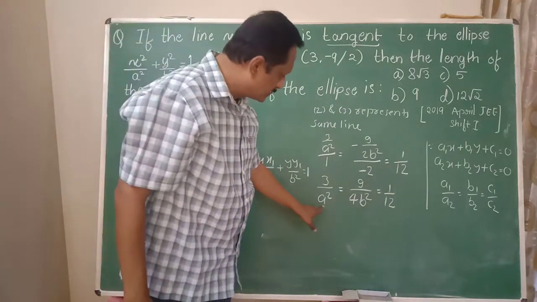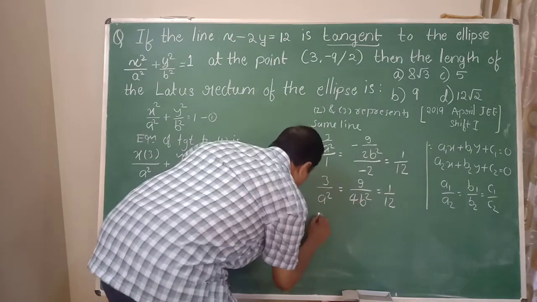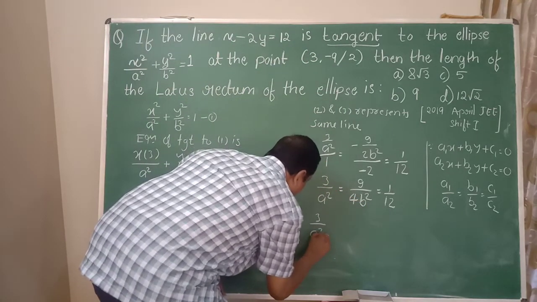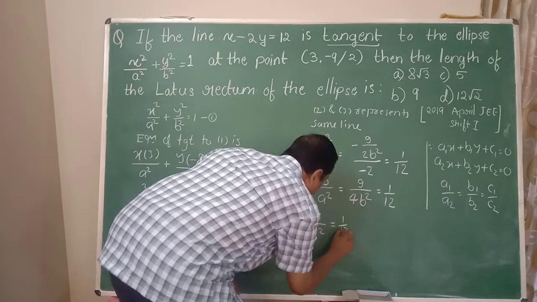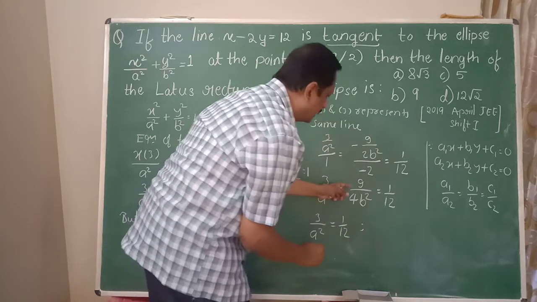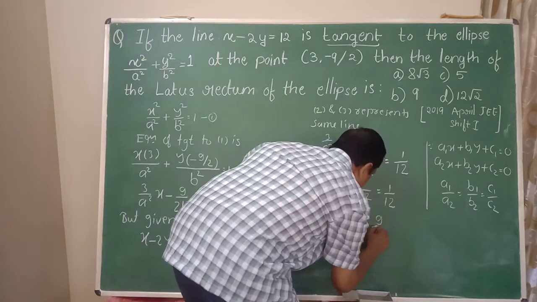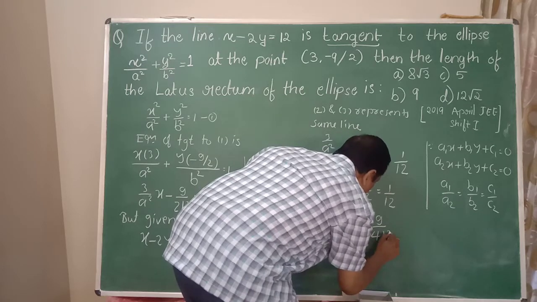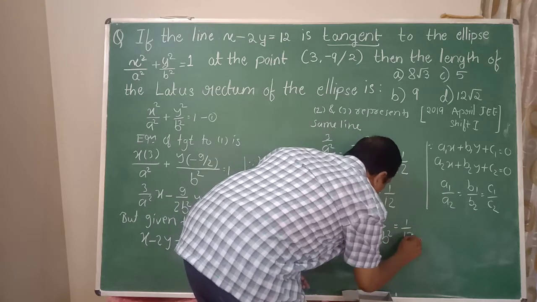Therefore 3 divided by a square is equal to 1 divided by 12, and 9 divided by 4b square is equal to 1 divided by 12.